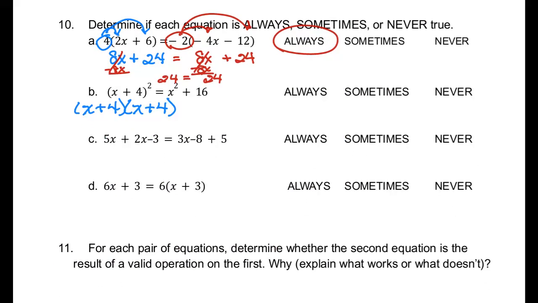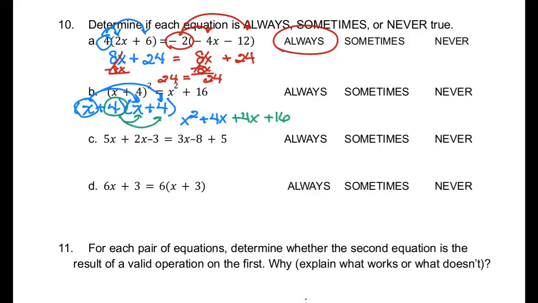We take the first variable, multiply it by the first variable in the other one, that gives me x squared. We have x times the second term of that second binomial, that is 4x. And then I take this 4 and multiply it here, that's another 4x. And then finally 4 times 4 here is 16.